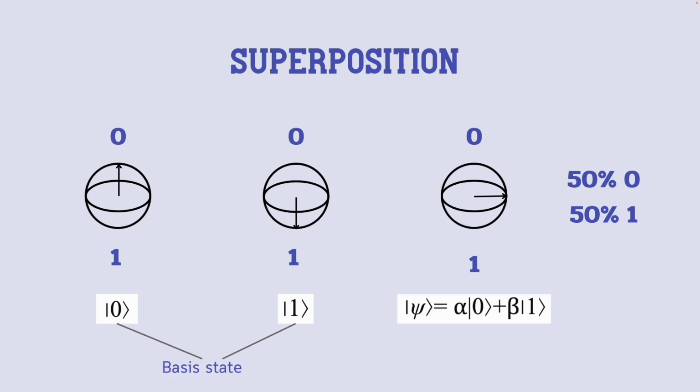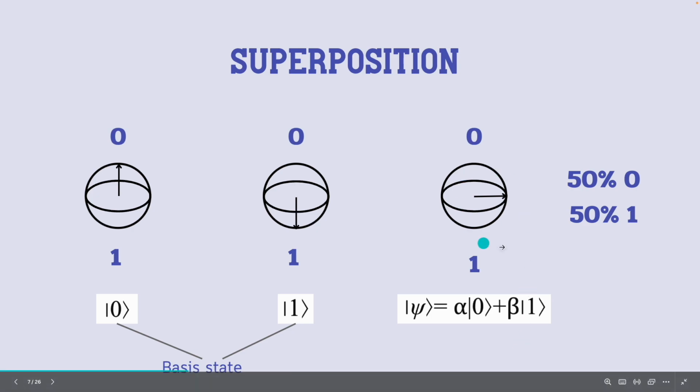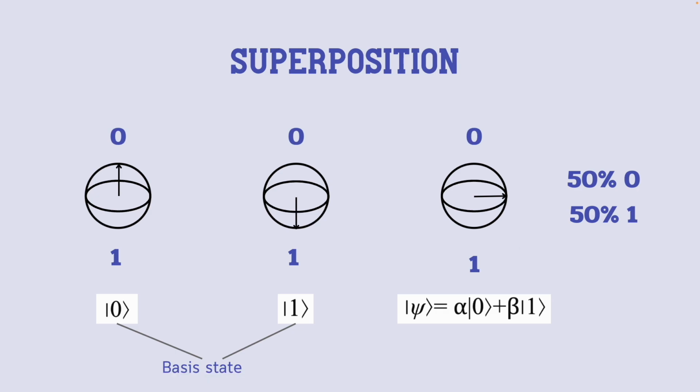where the square of the magnitude of alpha and beta represent the probabilities of measuring the qubit in states 0 and 1, respectively. For example, for this particular qubit, there is a 50% chance that it can be measured as 0 and 50% chance that it can be measured as 1.